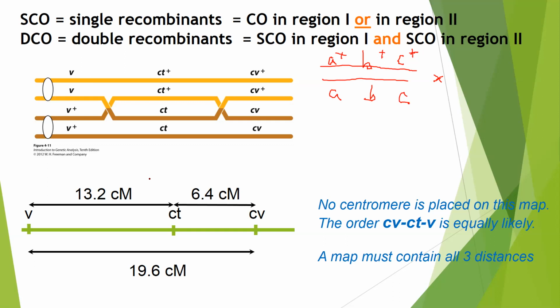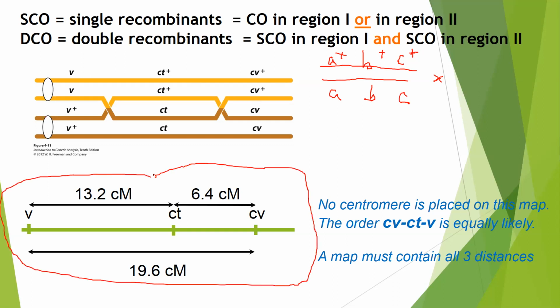All right. So, for example, this is the map. In tomorrow's quiz, and also in the next midterm, I'm going to give you questions like this. I'm going to give you a 3-point test cross, show you the data for the progeny, and you need to use that data to derive the map like this. First, you need to figure out the order, right?